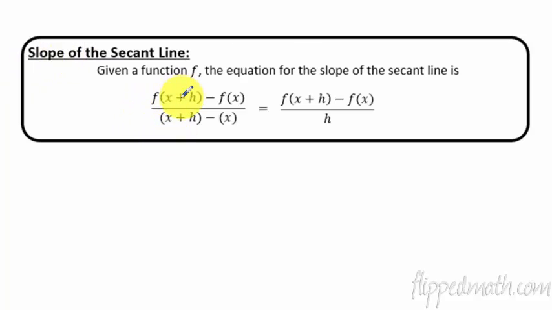So let's figure out the y value with an x plus h in, and then subtract just an x plugged in. On bottom, here's the x value, x plus h. You're going to subtract the original x value. This whole thing simplifies because you have x minus x. So this is really what we're doing here: plug in an x plus h and subtract f of x, and then all over h.